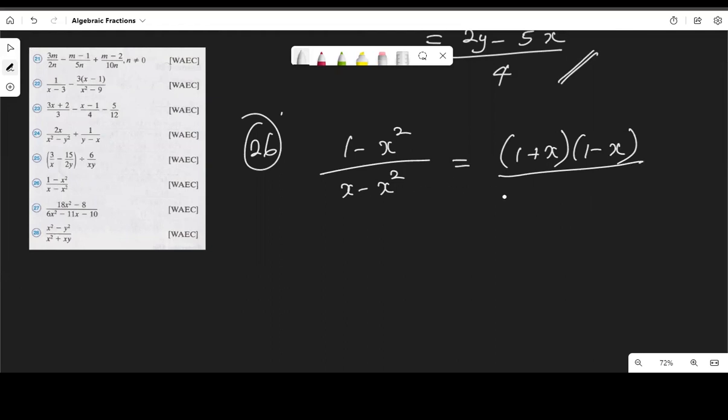S is common here. I have s into 1 minus s. So 1 minus s will cancel. So my answer is 1 plus s over s.